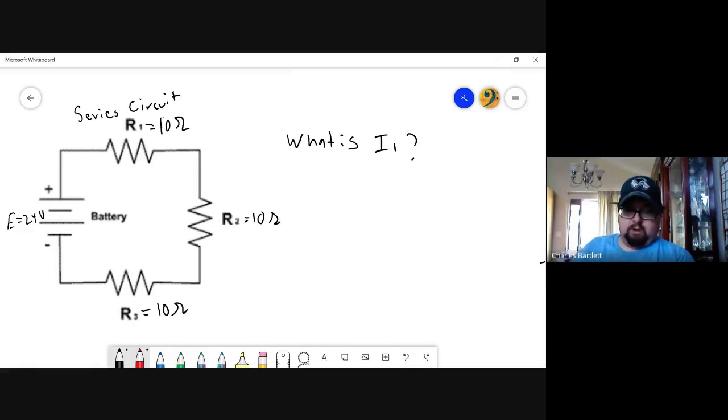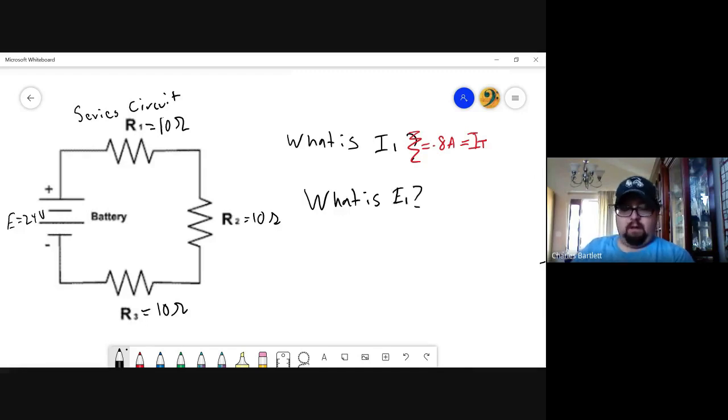Okay, so we found I1, and I1 isn't a mystery anymore. It's 0.8 amps, and it is also considered IT. Now that we have IT, which is 0.8 amps, we can be asked questions like, what is E1?